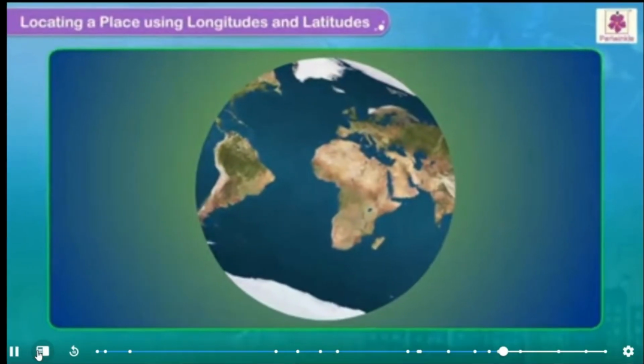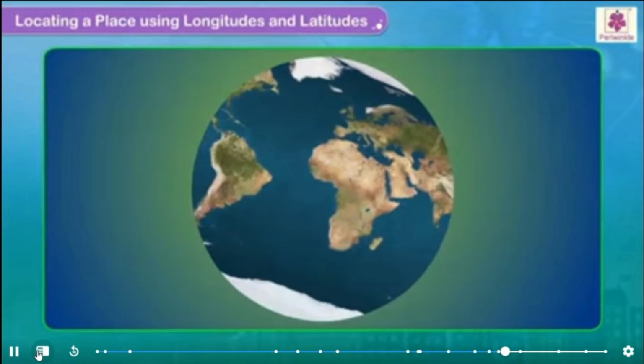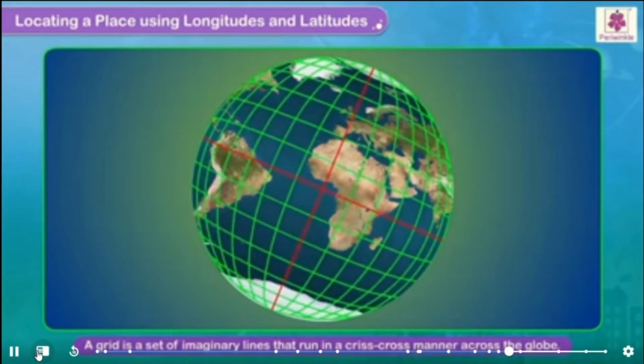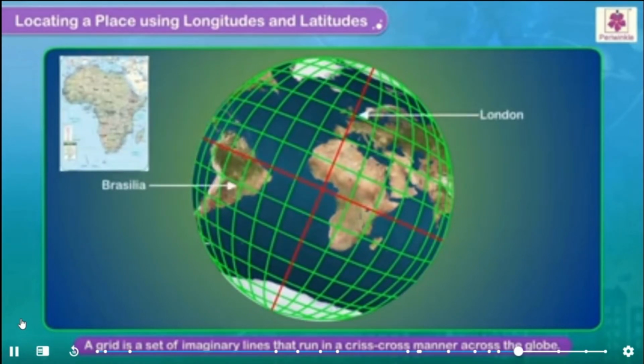Locating a place using longitudes and latitudes. A grid is a set of imaginary lines that run in a crisscross manner across the globe or map that helps us in locating places on the Earth in an easier manner.